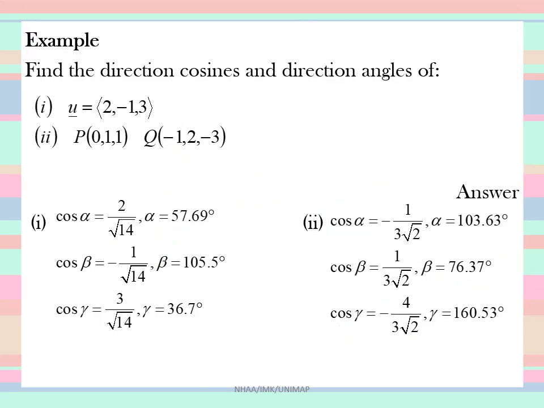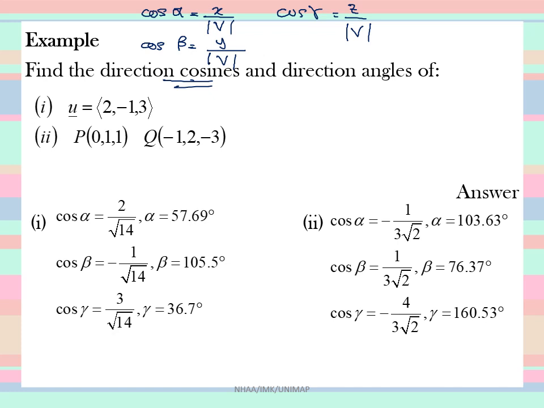Okay, let's go to the example. Find the direction cosine and direction angle. Direction cosine means you apply cos alpha equals x over the vector. To find cos beta, take y over the vector, and for cos gamma, it is z over the vector.